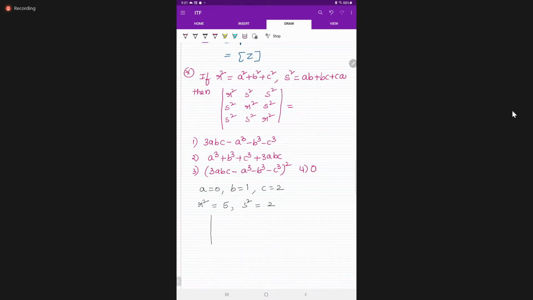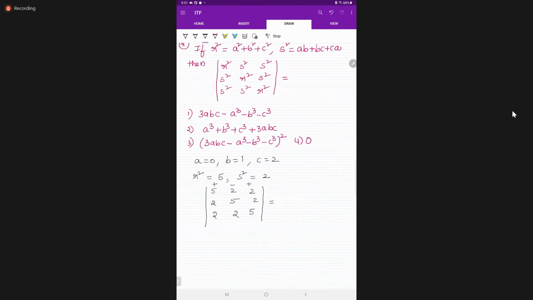Substitute. 5, 2, 2; 2, 5, 2; 2, 2, 5. Expand this determinant. Plus, minus, plus. 5 into (25 minus 4), minus 2 into (10 minus 4), plus 2 into (4 minus 10).